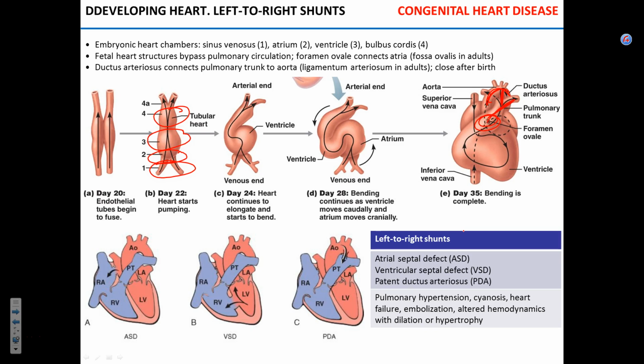When babies are born, it basically closes, and we'll talk about what happens when it's not closed. In adults, this is the fossa ovalis, and the remnant of the ductus arteriosus is the ligamentum arteriosum. It's kind of degraded.